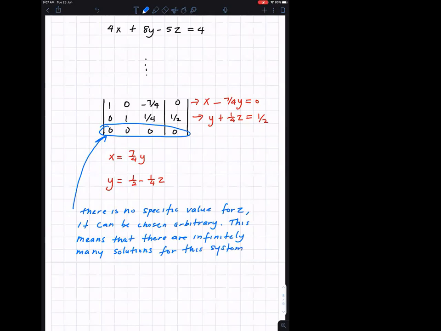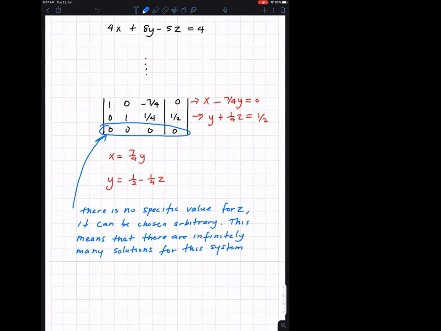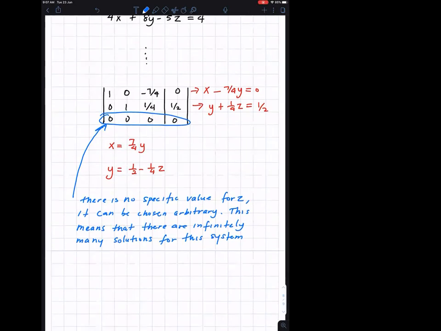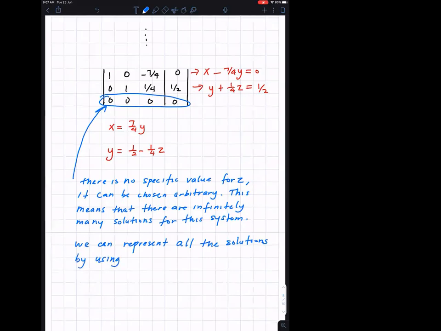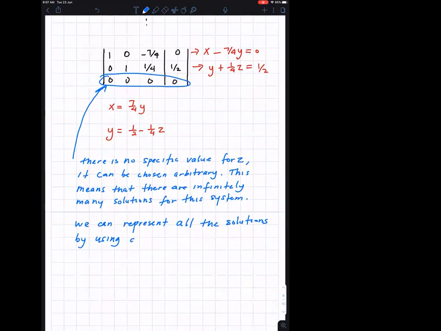We can present all the solutions by using a parameter t as follows.